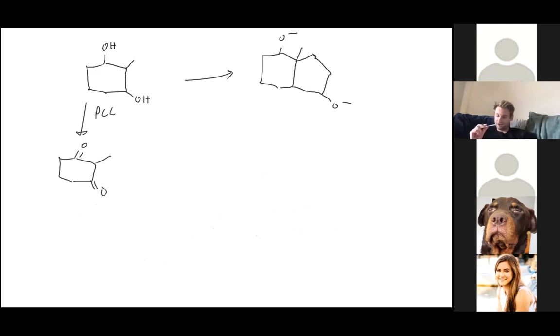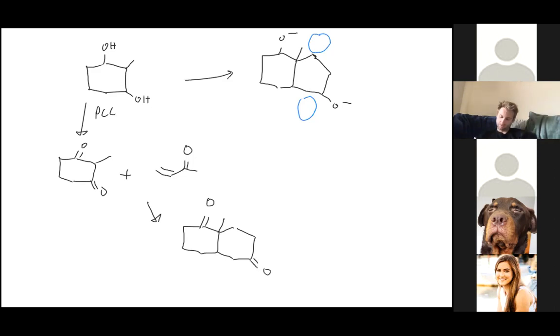From this point, we need to add in our Michael acceptor. There's nothing really going on in either of these areas, so we don't need any extra carbons on our molecule. This is going to give us our normal Robinson product.